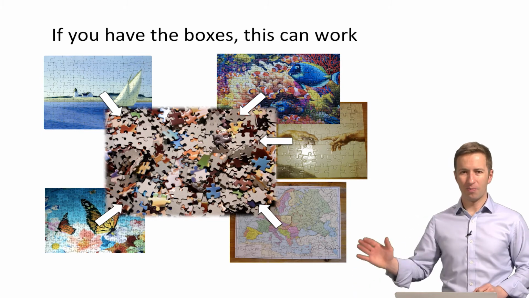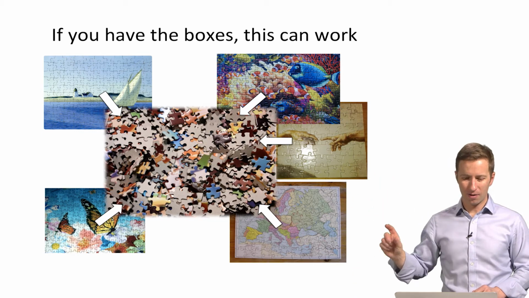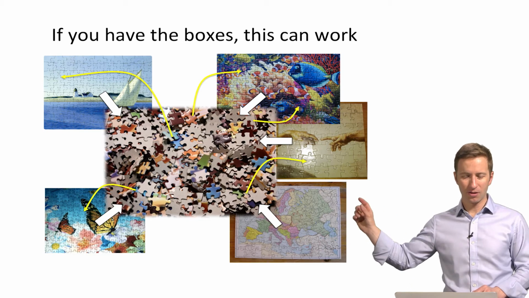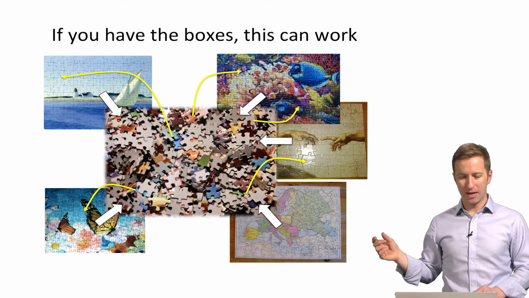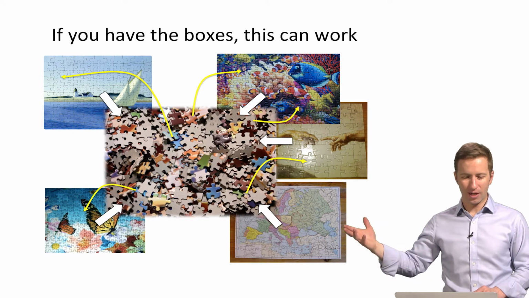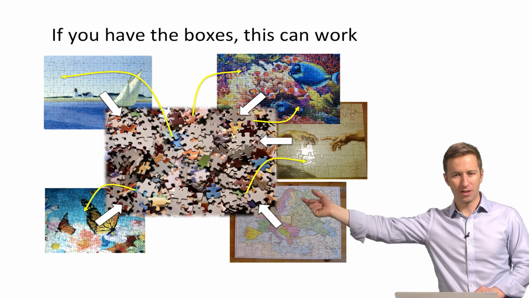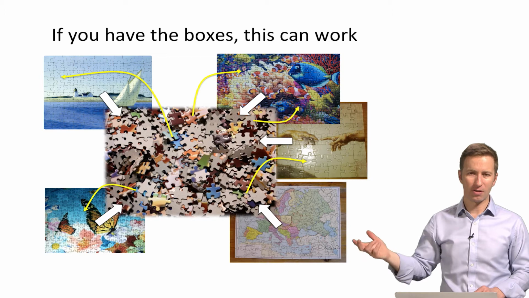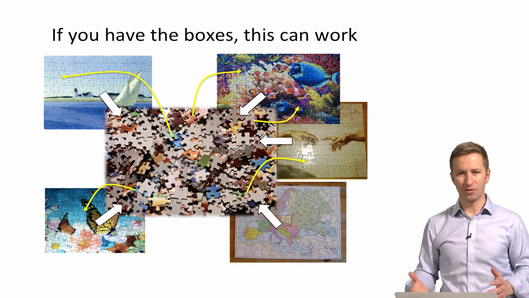So when you have the box lids, then you can compare each piece to all the boxes and find its closest match, and just tally up how many times a piece hits this puzzle versus that puzzle, and so on. And then you have your species level annotations.